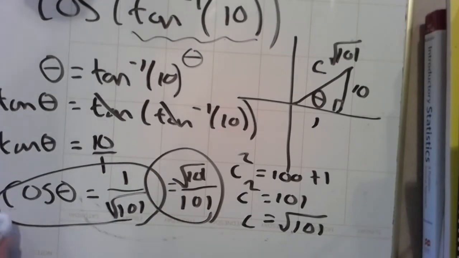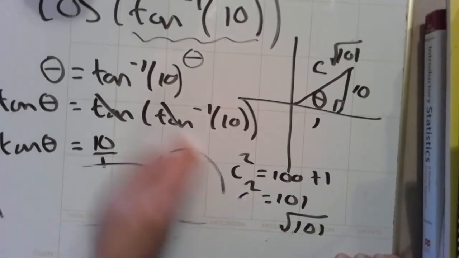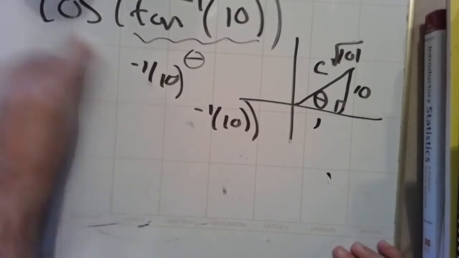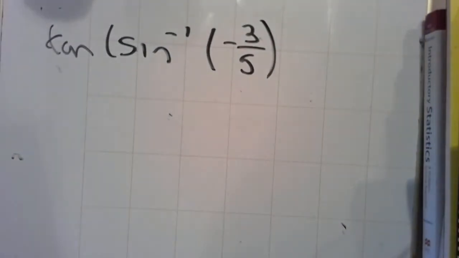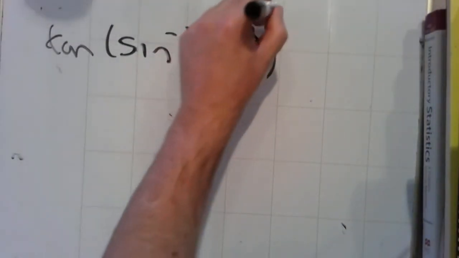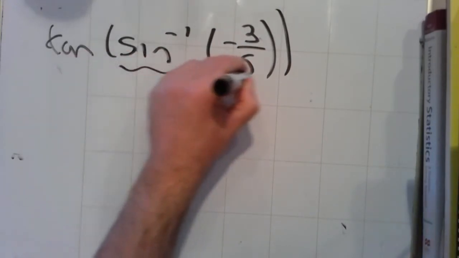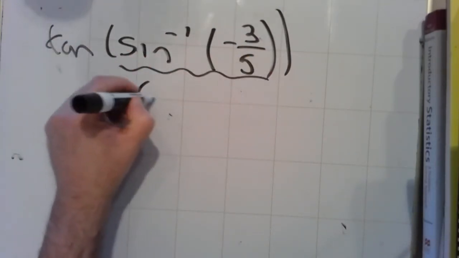Okay, let's do one with a negative in it. Let's say we wanted tangent of inverse sine of negative 3/5. Okay, so again, everything inside the parentheses, call that theta.